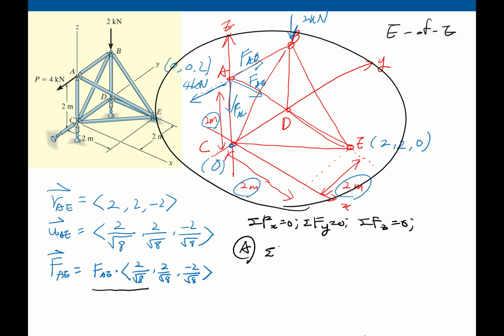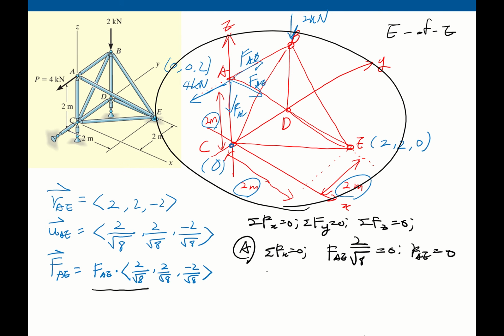So sigma Fx should be equal to 0. Only this force, FAE, is associated with the x directional forces. This is equal to 0, so that means FAE is 0. FAE is a zero force member.